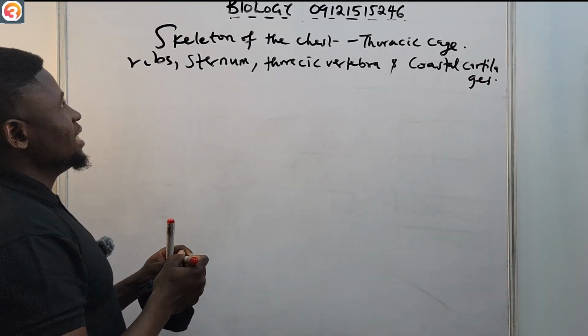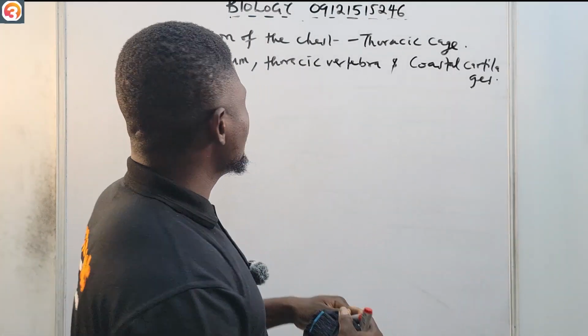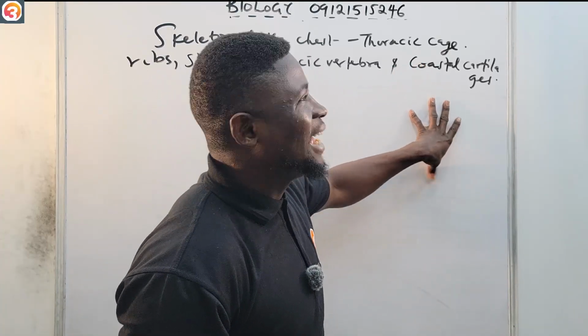Please take note of that. The skeleton of the chest is called the thoracic cage; it consists of the ribs, the sternum, the thoracic vertebra, and the costal cartilages.